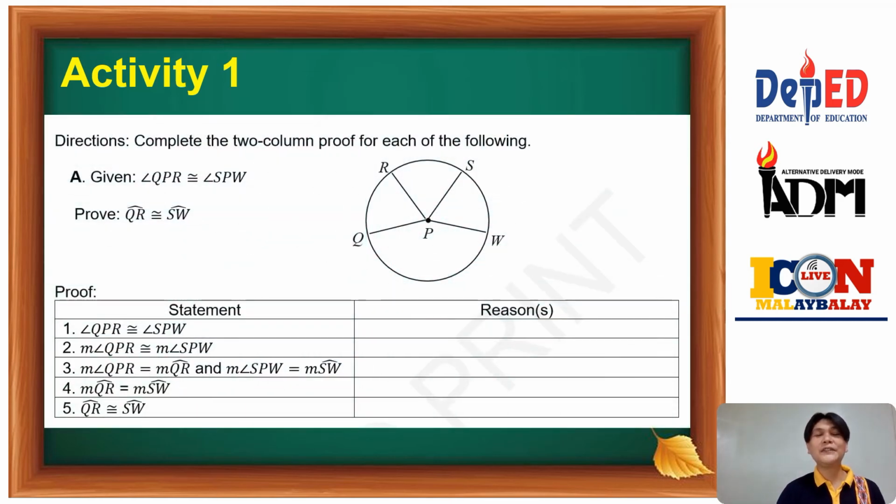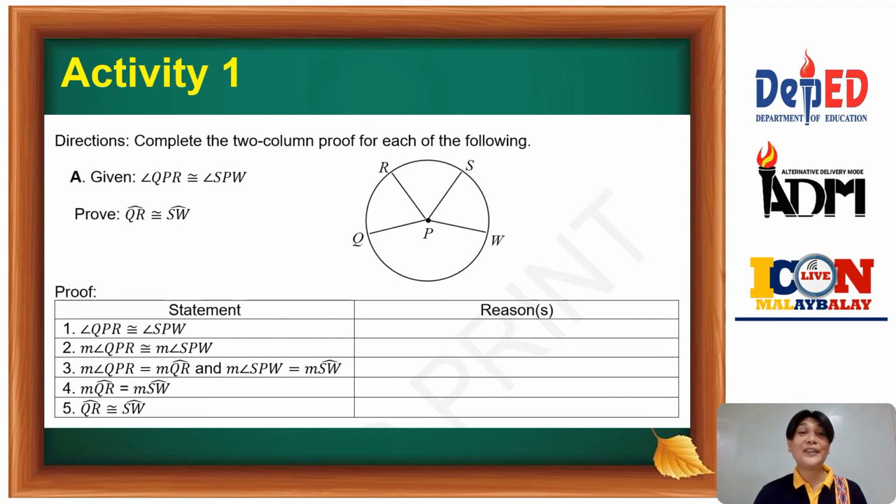So we have here activity 1 from the module. Complete the 2-column proof for each of the following. So we have here letter A: given angle QPR, which is a central angle, is congruent to another central angle SPW, given the figure, the circle P. Now, prove arc QR congruent to arc SW.